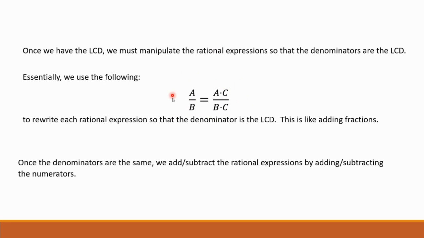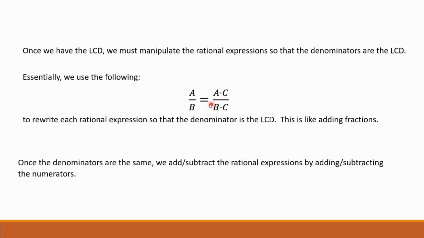In other words, you're just going to use this rule so that your fractions have the same denominator. You're going to multiply the denominator by whatever's missing, and whatever you do to the bottom, you do to the top. That's all. Again, you can't just multiply by the bottom and not by the top because you want everything to be algebraically the same. Okay.